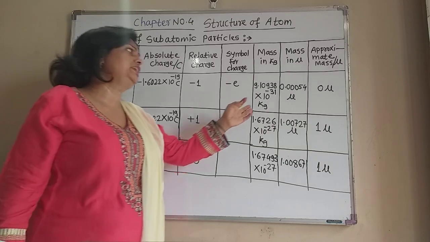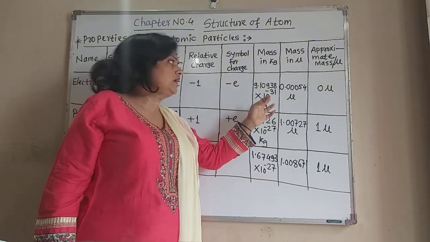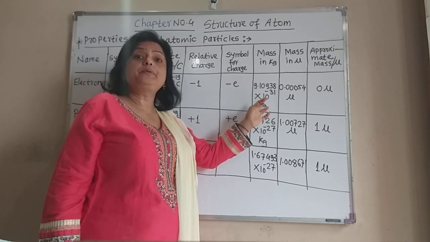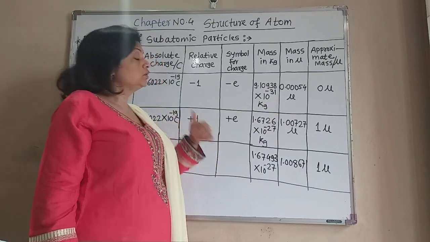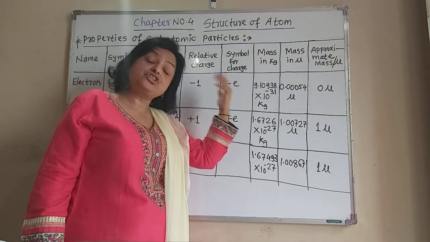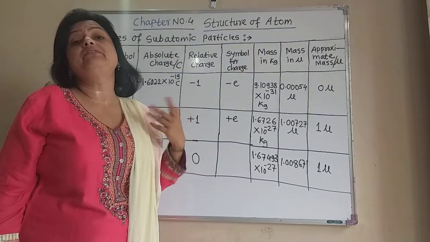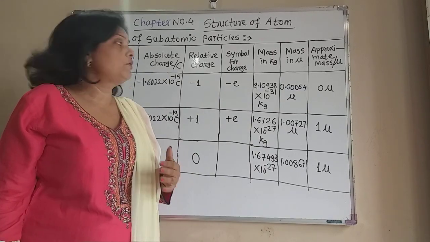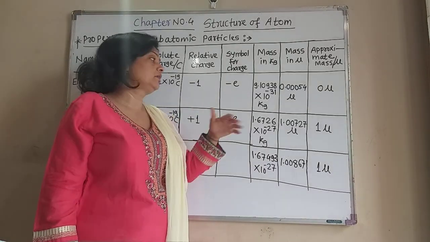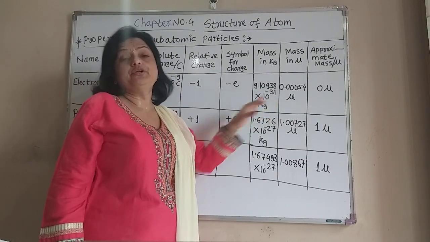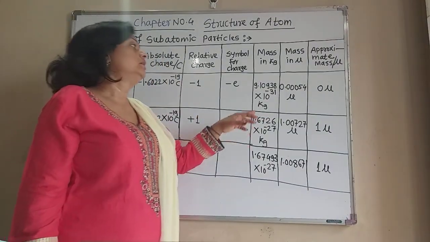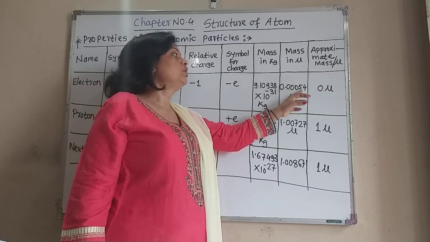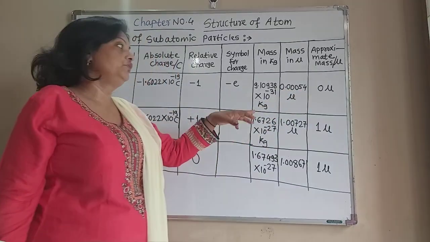This is still smaller than the mass of the atom. The mass of the atom is in the range of 10 raised to minus 24, and this is in the range of 10 raised to minus 31, so it is a very negligible mass. In unified unit, you know the relation from the last chapter between kilogram and unified unit, this mass becomes 0.00054 unified units.